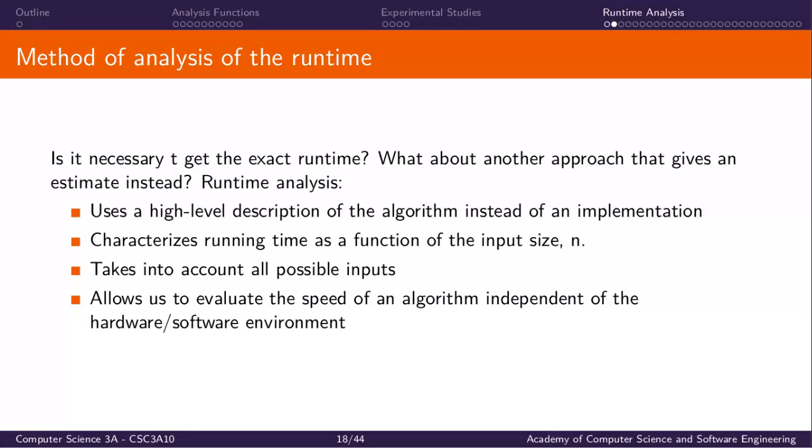Right, so now we want to find out, is it actually important for us to find out what that exact runtime is when we realize that that runtime isn't absolute? It depends on the hardware and software environment that you're executing this program on. So it doesn't tell you something universal about that code. It simply tells you, running on this machine with this software environment, it takes this amount of time.